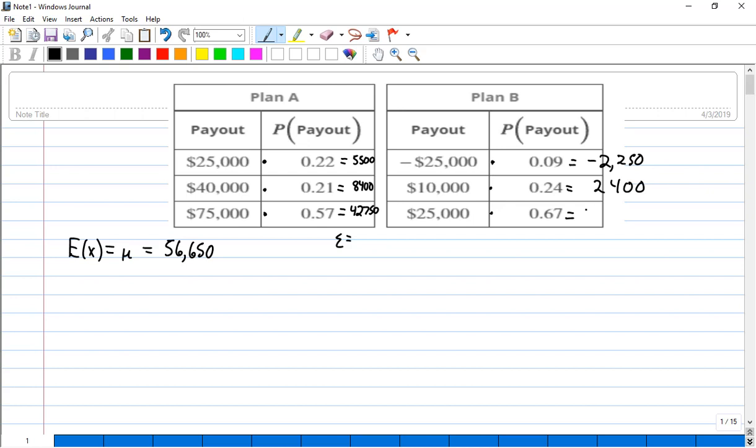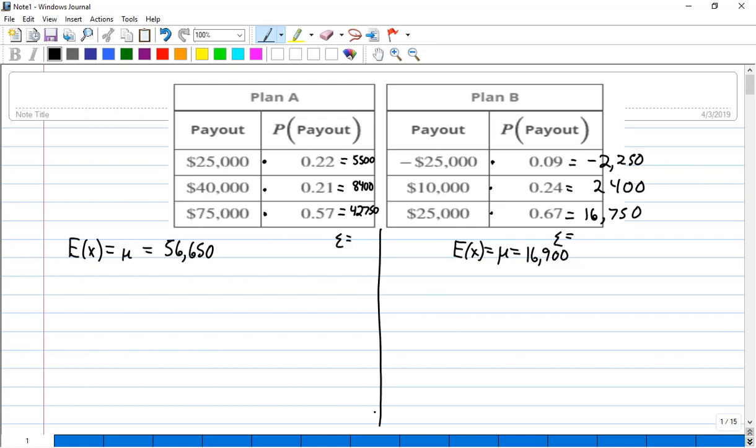And then the next one, I get 16,750. And that's when I multiply those two together. So again, I want to take the sum of all of those, and that will be my expected value, which is the mean. So when you add those three numbers together, you should get 16,900. Alright, so that's the mean of each set.